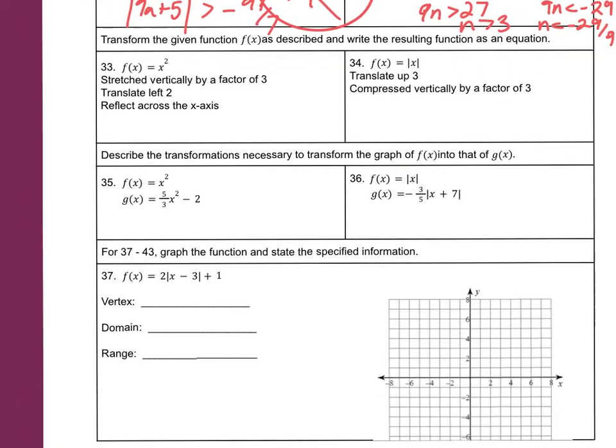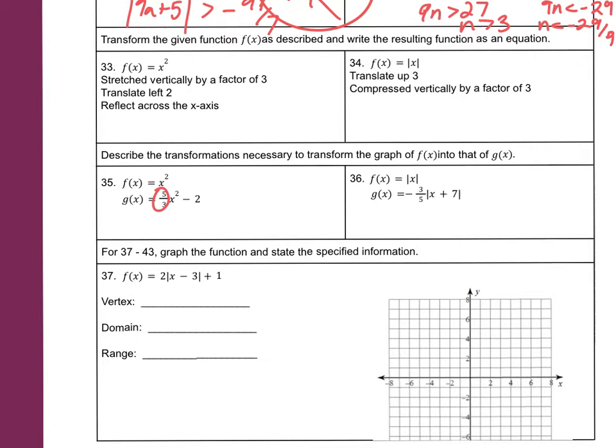Now we're up to transformations. Describe the transformation from f of x to g of x, and we notice on both of these that f of x is the parent function for either absolute value or quadratic. The first one, we know that exponent tells us it is the parent function for a quadratic. So how did we get from f to g? Let's read this from left to right. The 5/3 here is positive, so that tells us we didn't reflect.